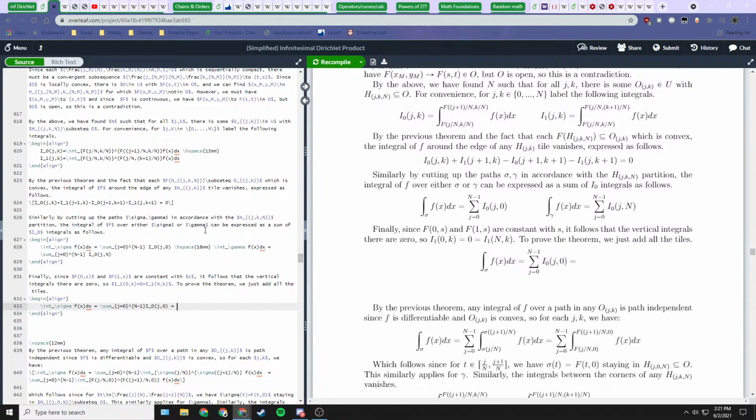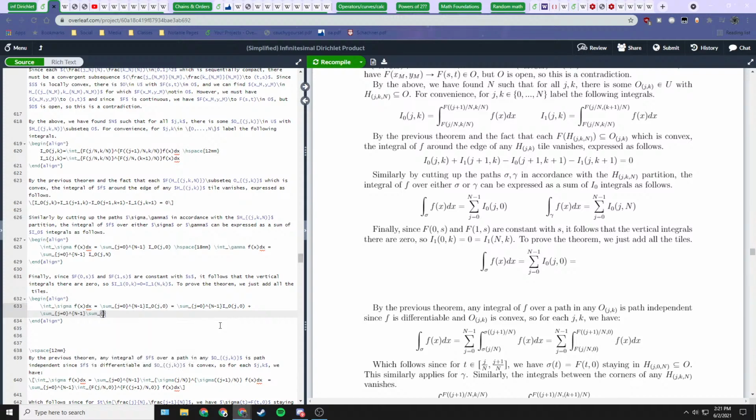I think what we want to do is just add up all of these integrals, just all of these for every jk. So we can actually just say, take this and add the sum. We'll do j equals 0 to n minus 1, and the sum of k equals 0 to n minus 1. We'll just do all of these 0 terms. So all of these terms are 0, and we're just going to add them all up.